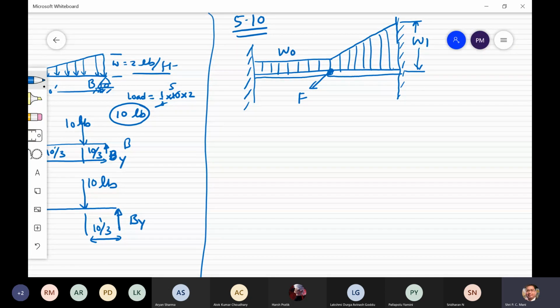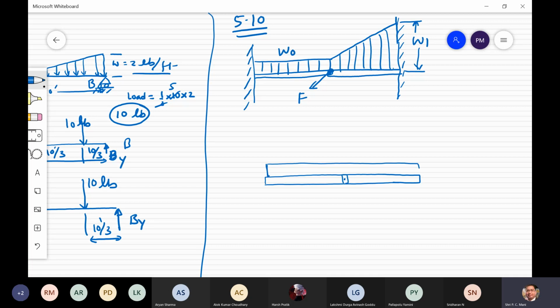There is a pin. As you can see, this is the uniformly distributed load throughout the length, so this one is W0.